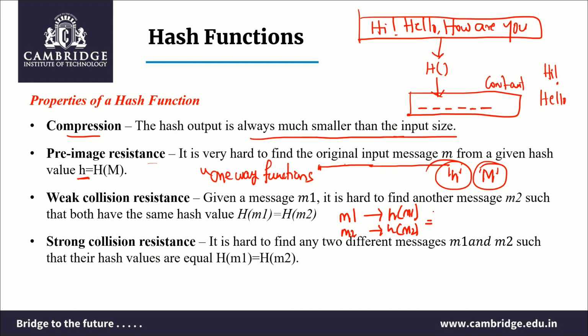Now, what is strong collision resistance? Strong collision resistance says that it will be hard to find any two different messages such that their hash values are equal. So there is only a slight difference between the two. In weak collision resistance, the first message and its hash value are given, and finding a second message with the same hash value is difficult. In strong collision resistance, you are trying to find any two different messages having the same hash value.